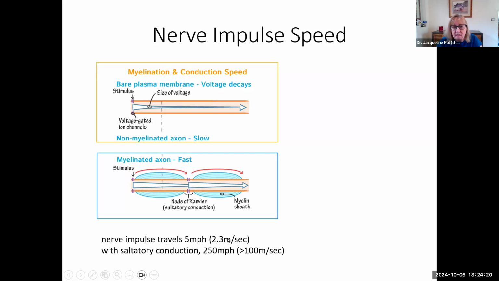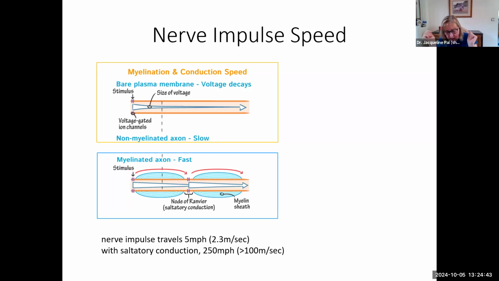2.3 meters per second. So if we look, it's going to be a third of a second to get all the way from your pinky toe to your brain, and the same thing to get back down there. But if you're standing on a hot coal, you don't want to be standing on a hot coal for a whole second.